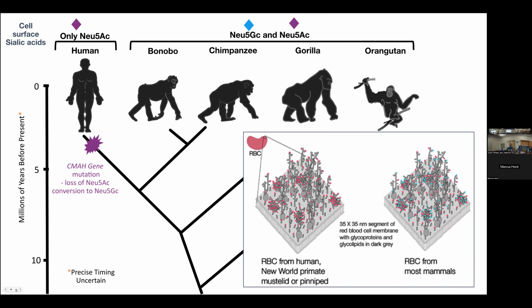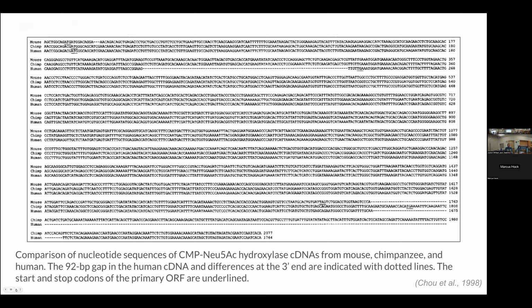There are lots of different theories for that, I can't get into it today, but essentially when that's wiped out, the entire cell surface is completely changed. It goes from being a kind of hydrophilic cell surface to a very slick and oily surface. That's what our cells look like on the outside. We don't have this glycolylated group on the sialic acid. Here is the enzyme code, and the dashes are just the chunk that fell out.